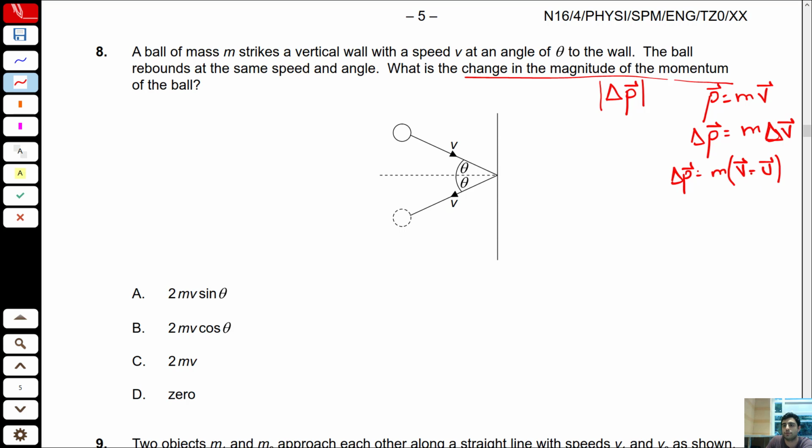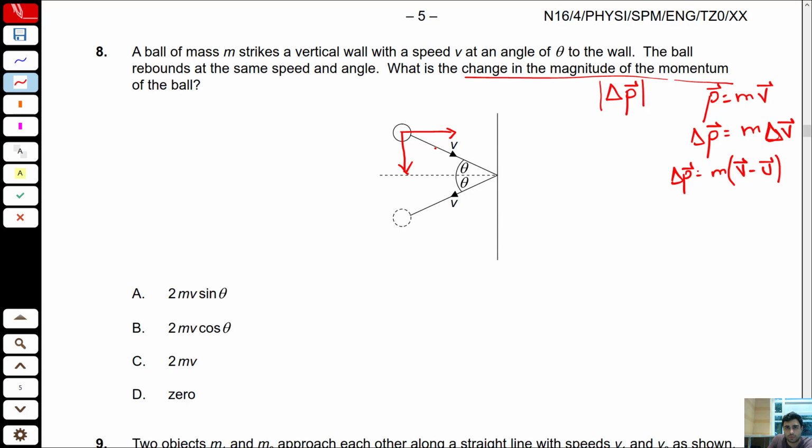We have to take the difference between the two velocities, final and initial. In our case, as you can see, the velocity is at a certain angle. So first of all, we have to resolve the resultant velocity into two components, horizontal component and vertical component.